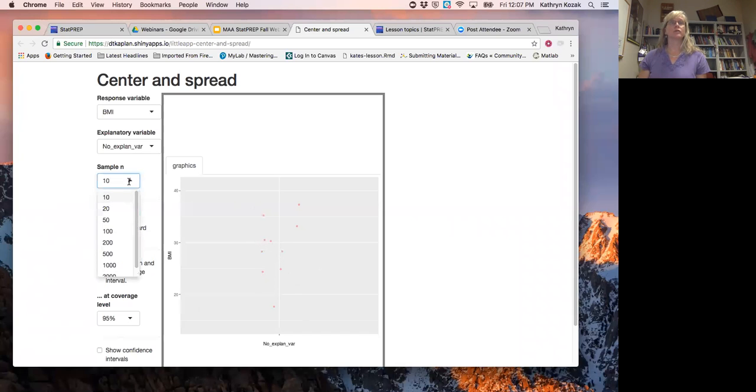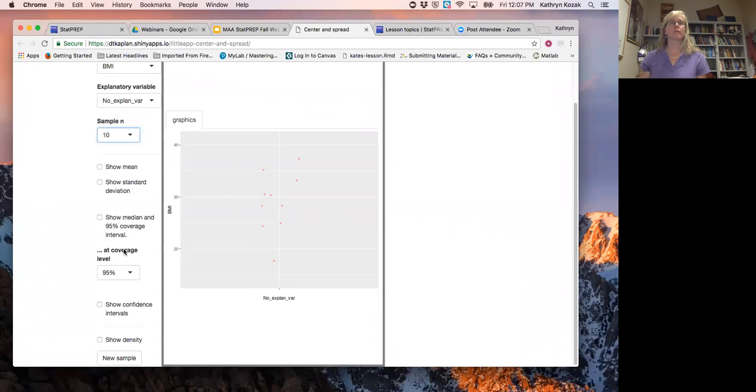You can also take another sample. So down here at the bottom is a button that says new sample. So I can click on that new sample, and I see I get different points. So that's the joy of this, is you can actually show your students that different samples can be taken. These are all random samples taken from that national survey.